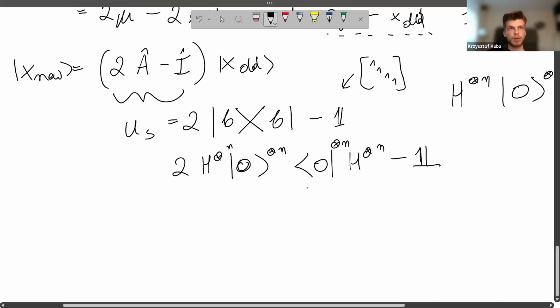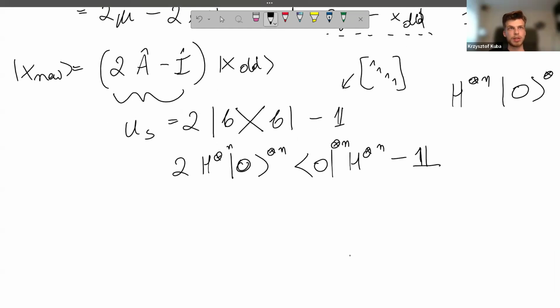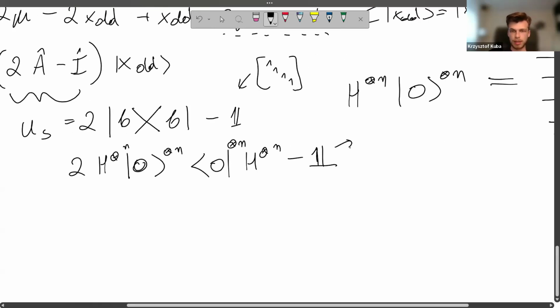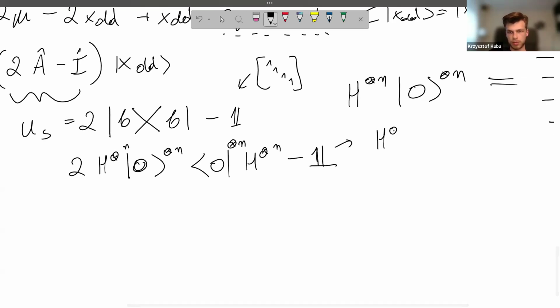We can now take this further and decompose it into the brackets. This one we can also write as applying the Hadamard gate twice.